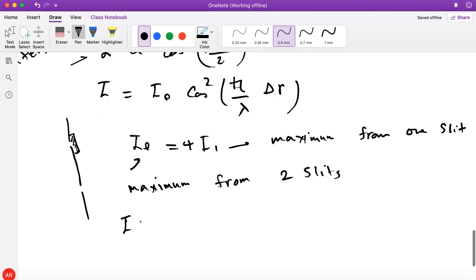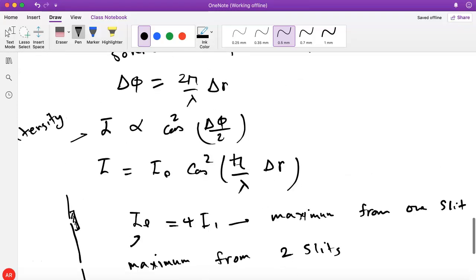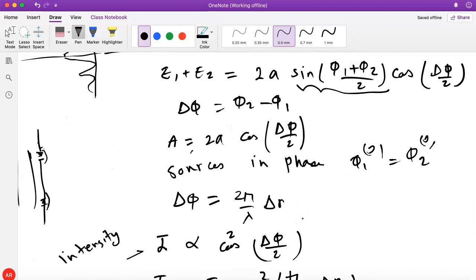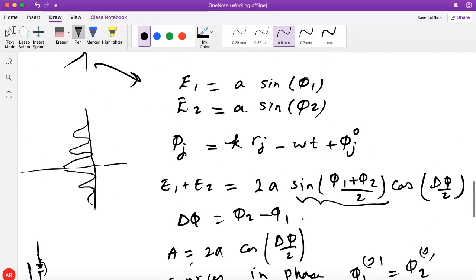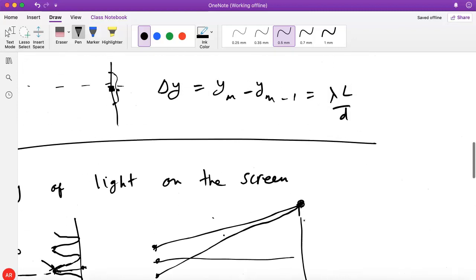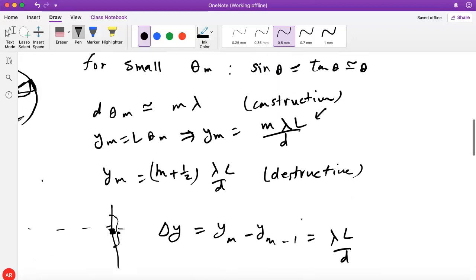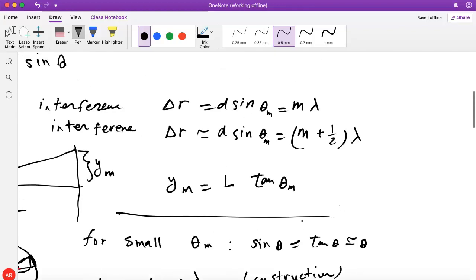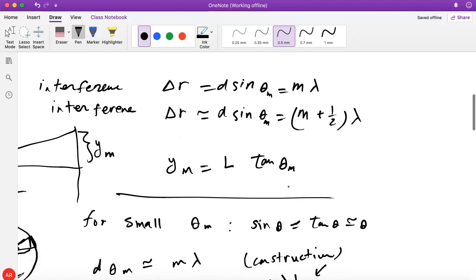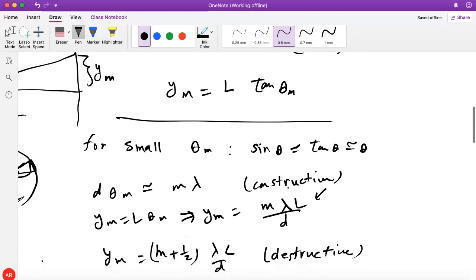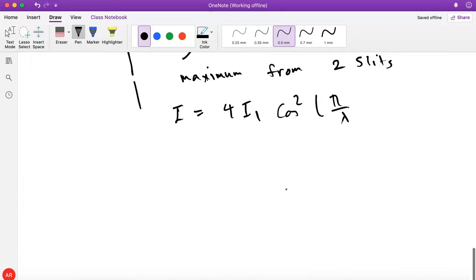So we can write I in terms of the intensity that only one source would produce. So that's going to be 4 I1 times cosine squared of pi over lambda delta R. Our delta R we can also relate to the distance on the screen, right? So let's just rederive this.